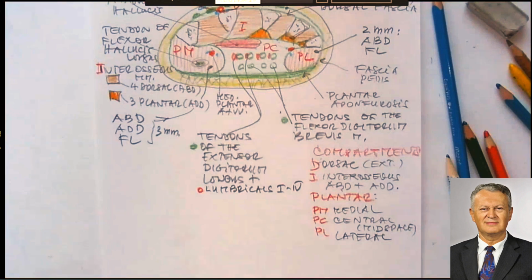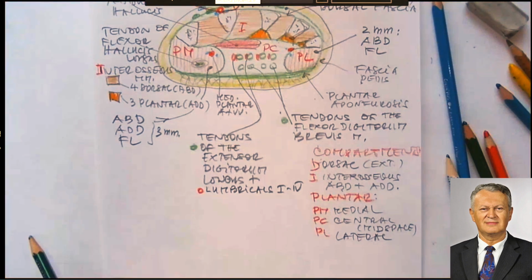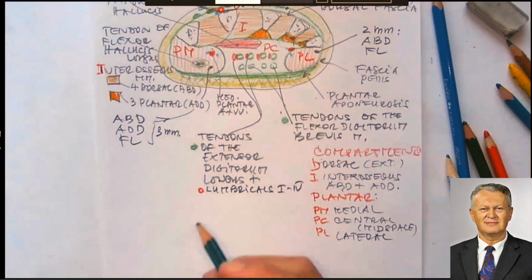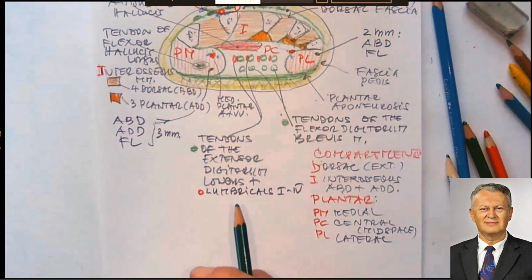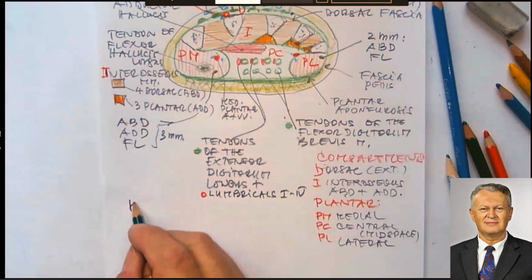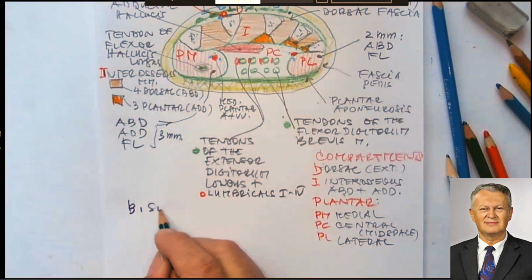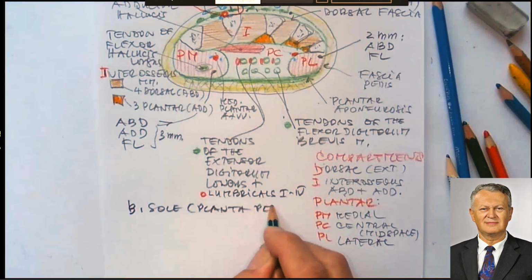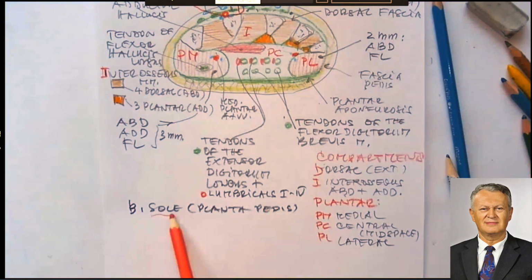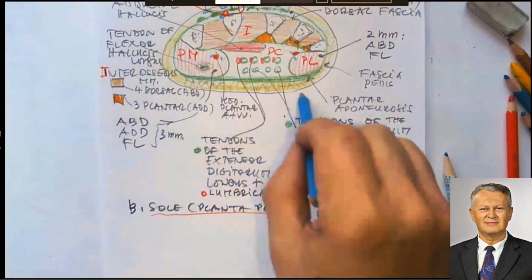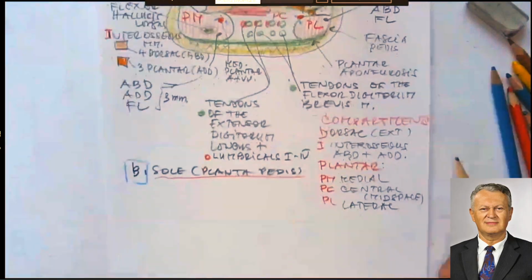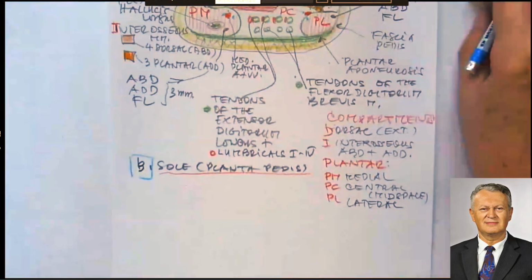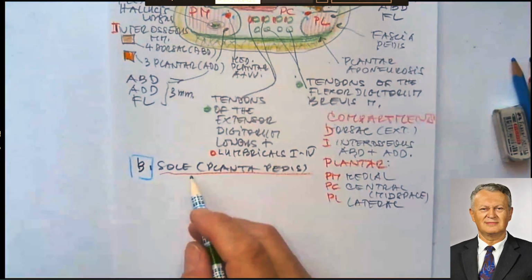This would be the last two sentences, sole, or we could say either sole or planta pedis. So this would be B, sole or planta pedis. So we simplified the description using this diagram, which is very illustrative, also not catastrophically complicated.